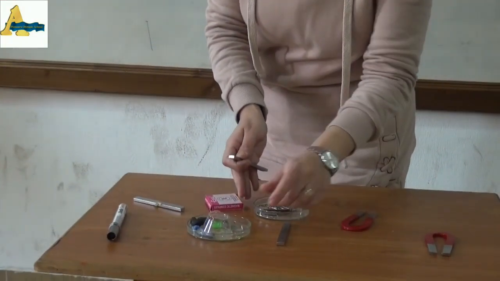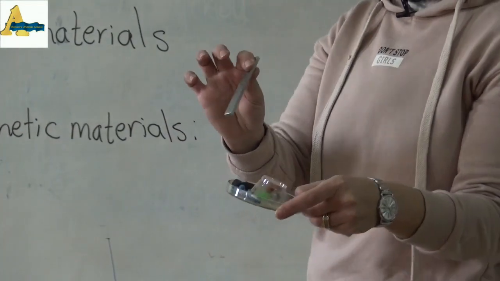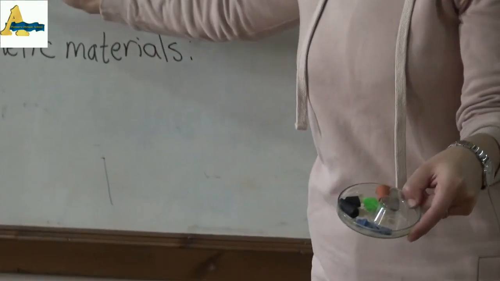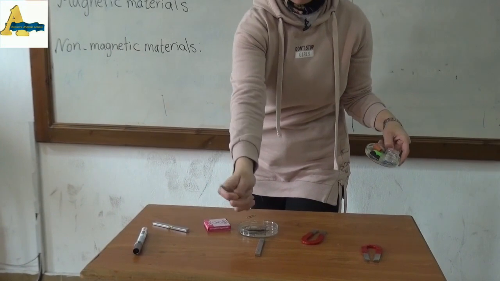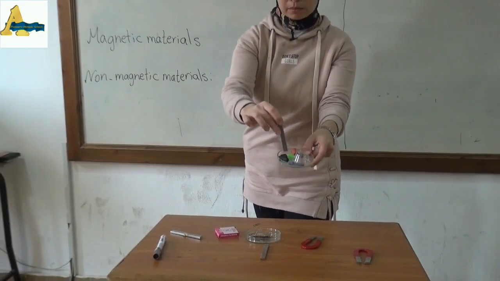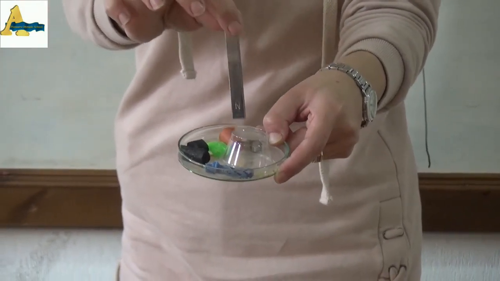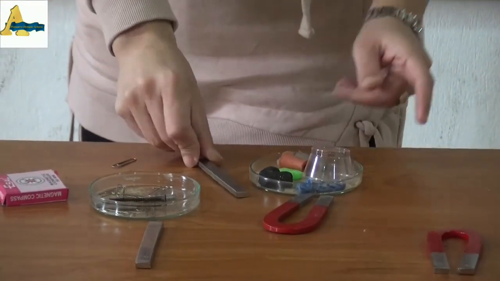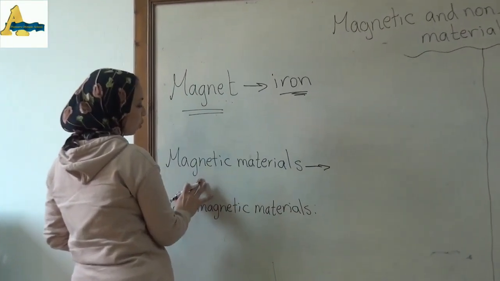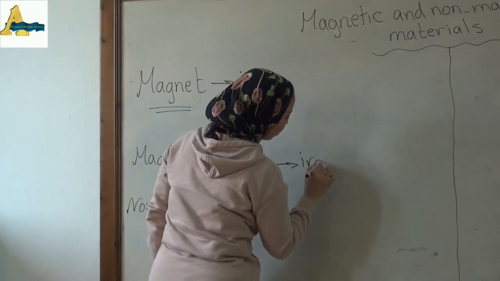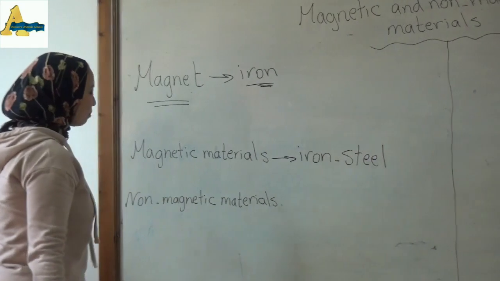Magnetic materials are the materials which can attract to the magnet, while the non-magnetic materials are the materials which cannot attract to the magnet. Like what? The magnetic materials are like iron and steel.